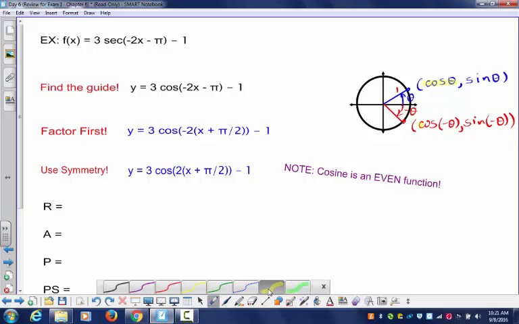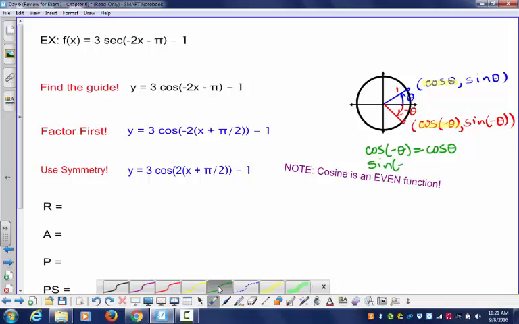That and that are equal because they have the same exact x value. Right? Everyone agree? You can see it visually, right? The x value is right here, and that's the same for both. So that means the x coordinate of that point and the x coordinate of that point are equal. So cosine minus theta is equal to cosine theta.